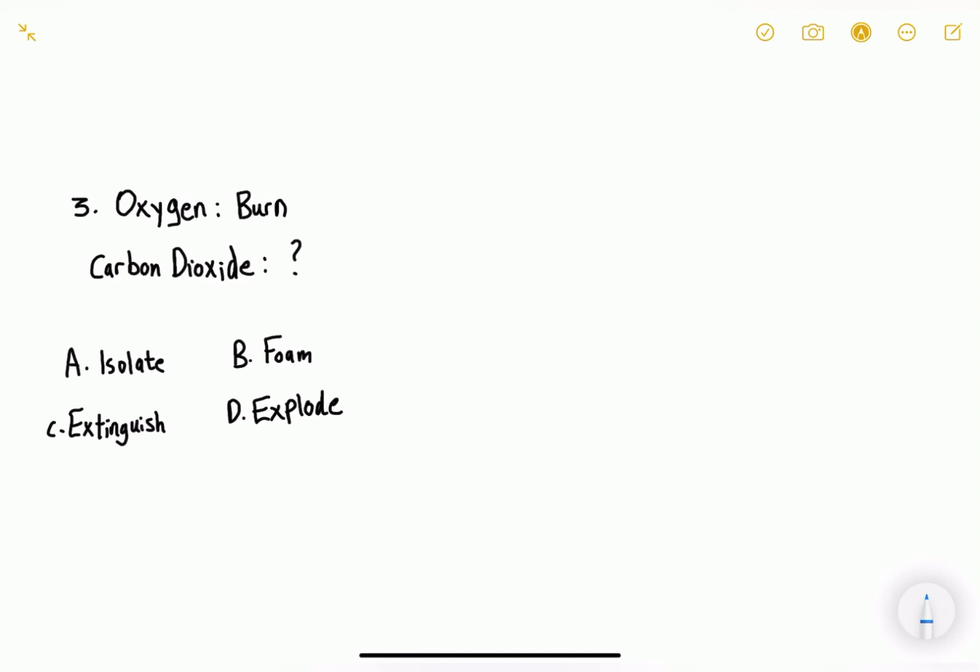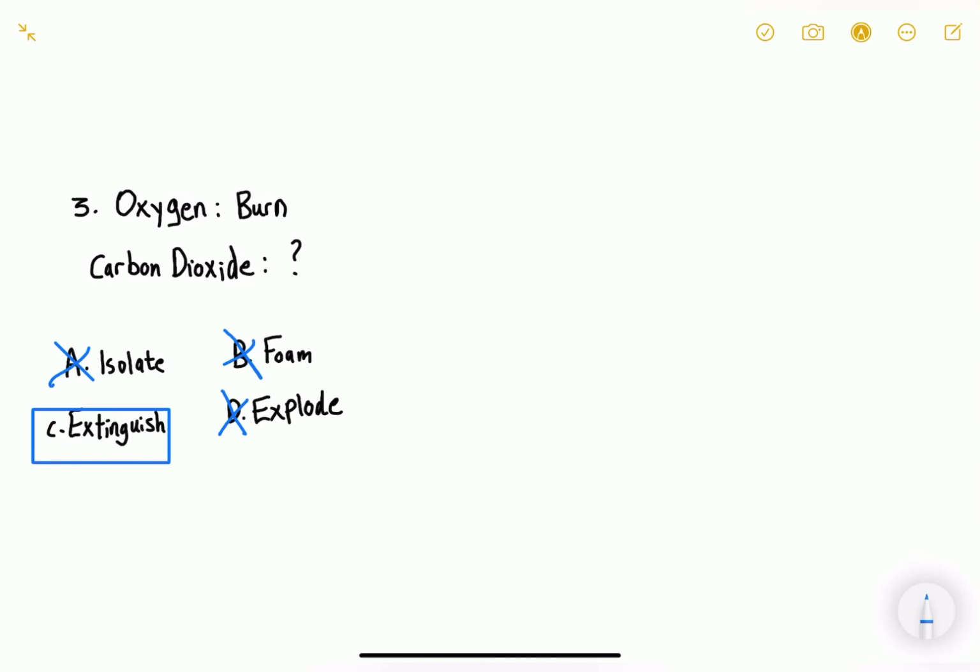So we know that oxygen helps in burning. So what does carbon dioxide do, or what does it help in? We know that carbon dioxide, first of all, has nothing to do with isolation, and it does not let anything explode, and it does not cause foam. So we can already infer that the answer is C through the process of elimination.